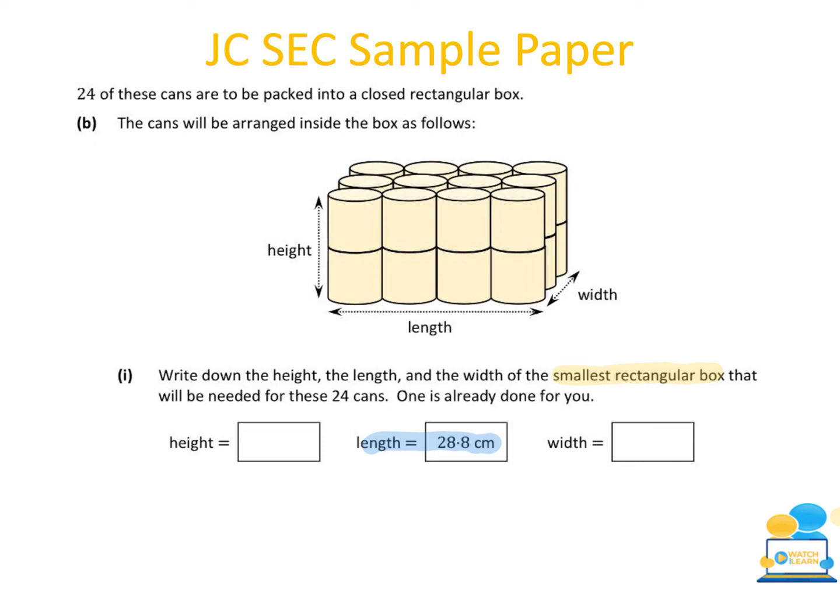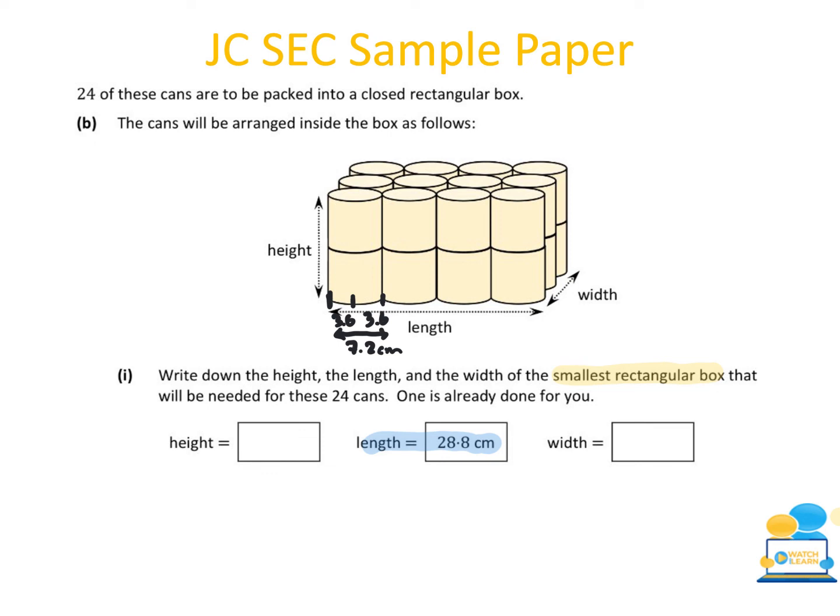The radius goes to the halfway point of the cylinder, and a full cylinder length would be the radius times 2, or the diameter, so another 3.6. So one full cylinder length would be 7.2 centimeters.